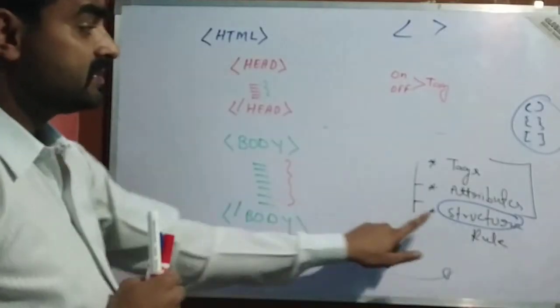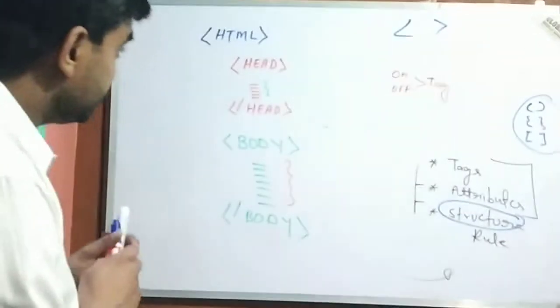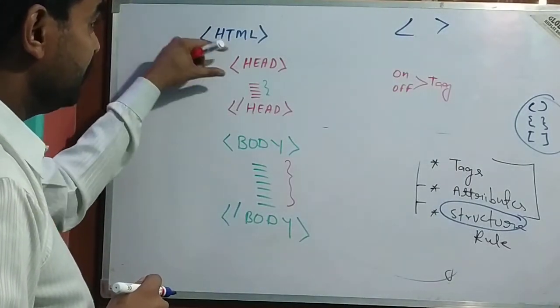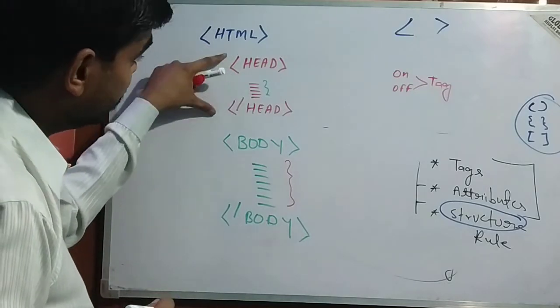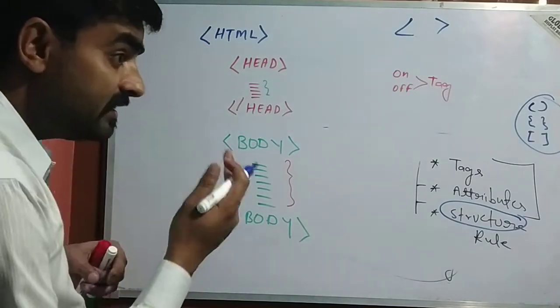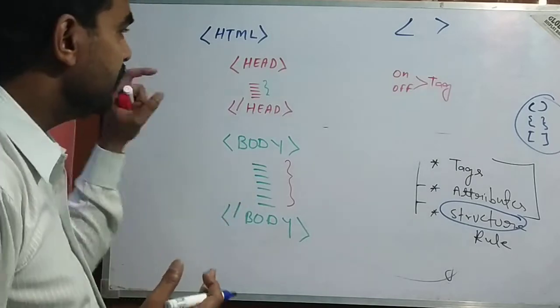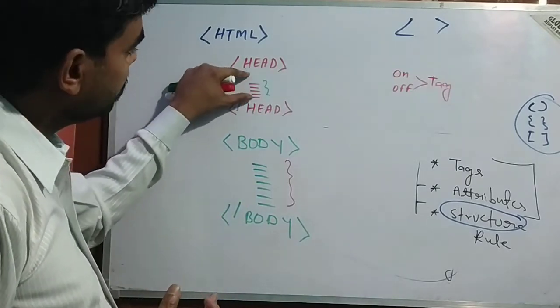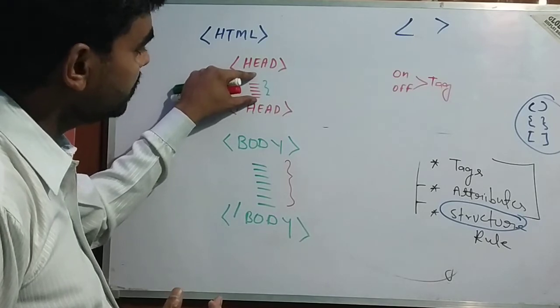We are learning the structure of HTML. In the structure of HTML, head open, head close. Under the head tag, what is the meaning of under? Under means the code between the opening and closing is called under the tag.